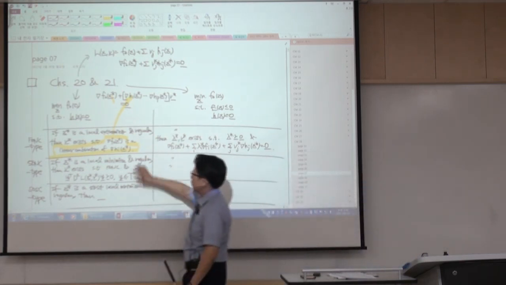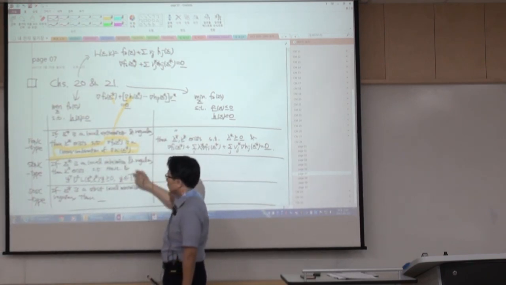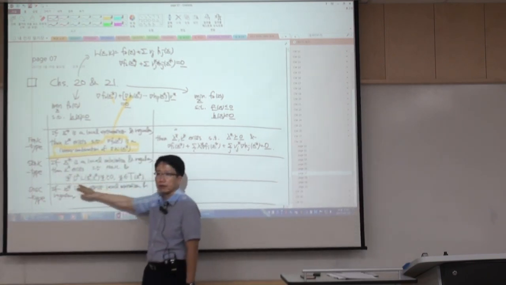So as you see, this part is for the first order part and this is for the second order part.